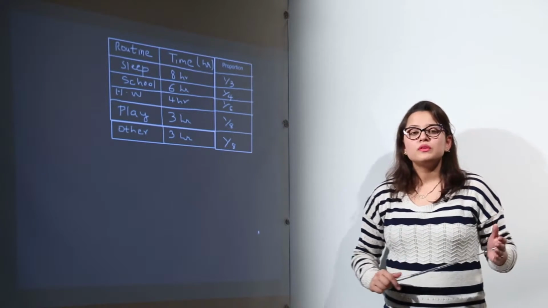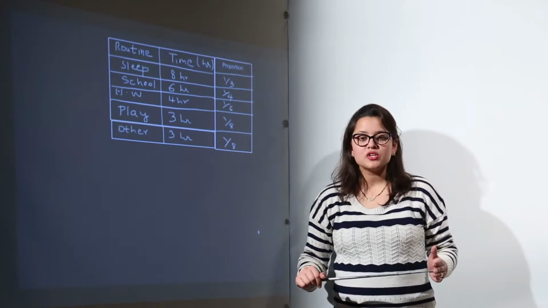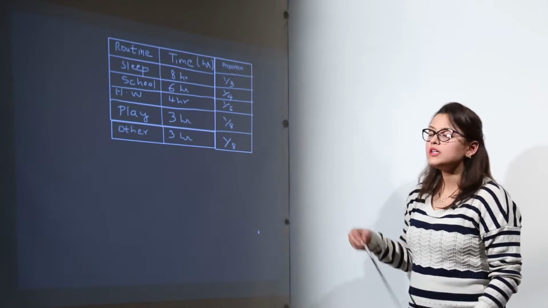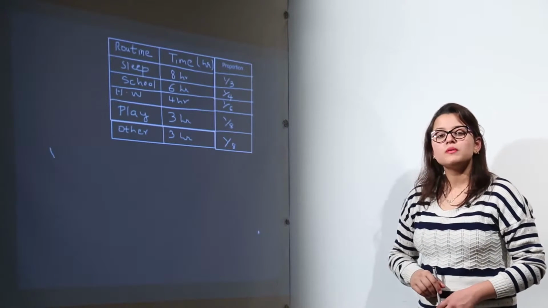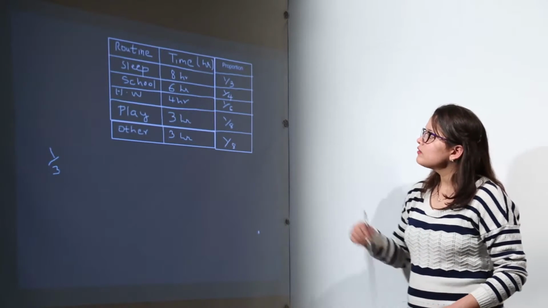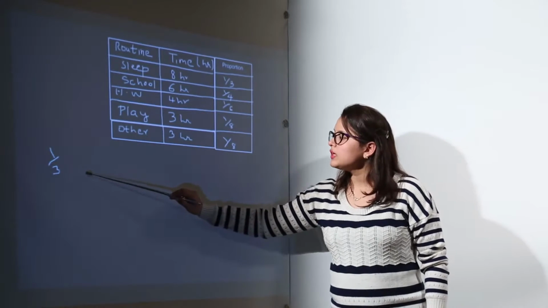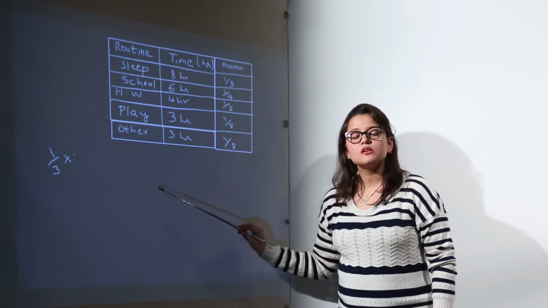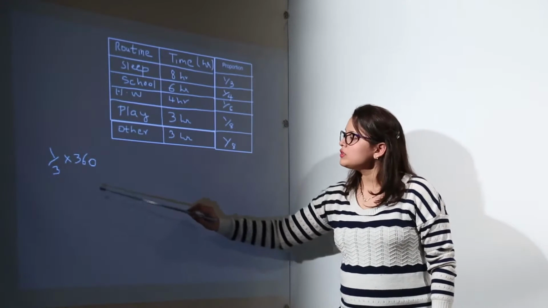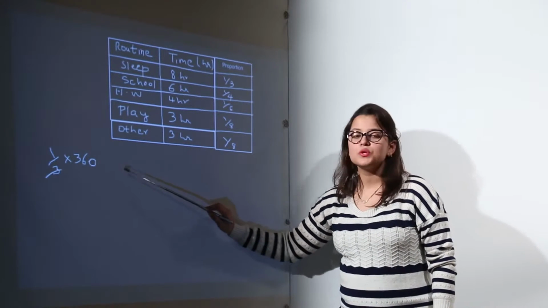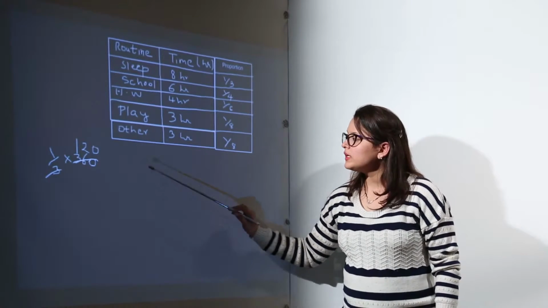Now the next step for making a pie chart is to convert these proportions in the form of degrees. How to convert the proportions into degrees? First one will be 1 by 3 into the total angle of the pie chart, that is 360 degrees. So we will do 1/3 of 360, which will be equal to 120 degrees.